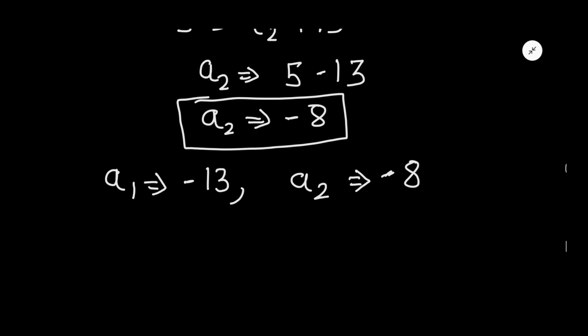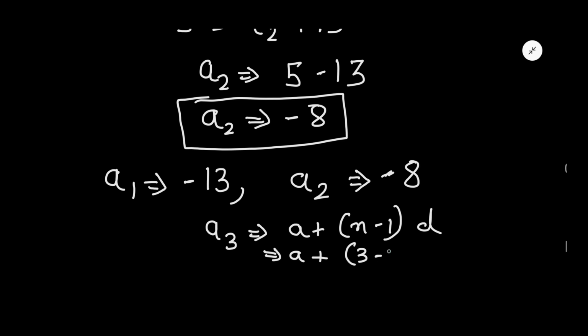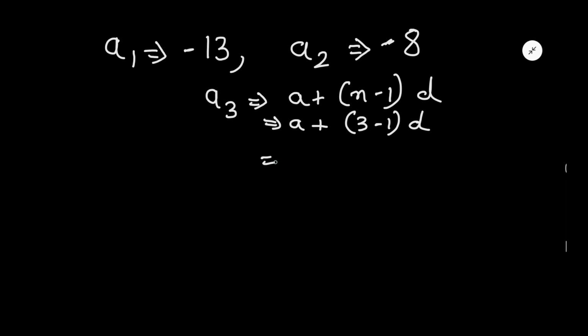In order to find the third term, we can use the formula a plus n minus 1 d, a plus 3 minus 1 d. Here the first term is equal to minus 13, and d we already found, which is 5.